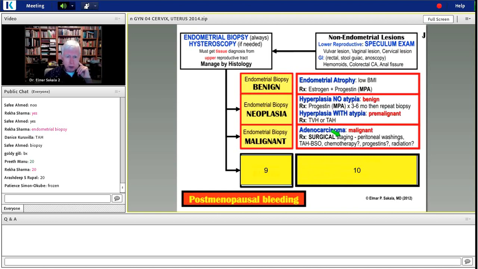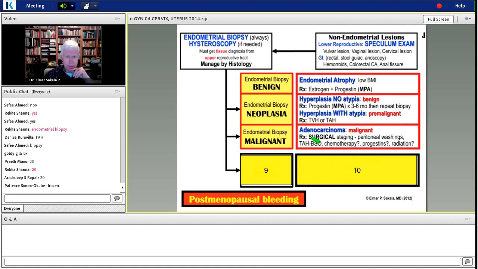We need to do surgical staging. When you open up the peritoneal cavity, the first thing you do is you pour in some saline and you aspirate it. We call that peritoneal washings. We want to see if there's microscopic metastasis in the peritoneal cavity. And then we will do a TAHBSO, total abdominal hysterectomy, bilateral salpingo-oophorectomy.